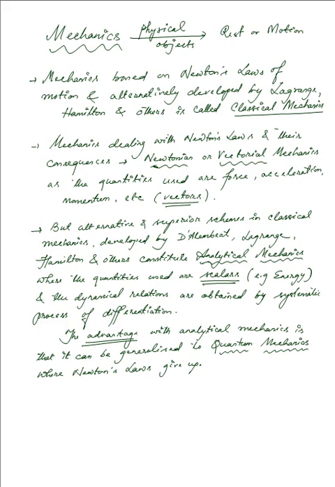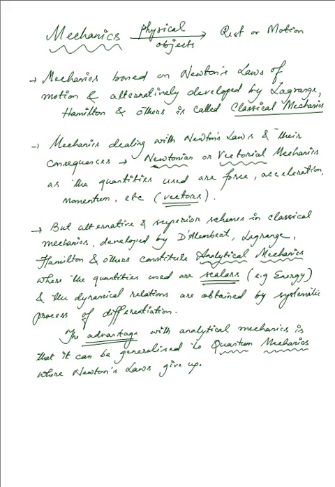Now, the mechanics as we know it involves physical objects at rest or in motion, and they are under the influence of the external and internal interactions that are taking place.